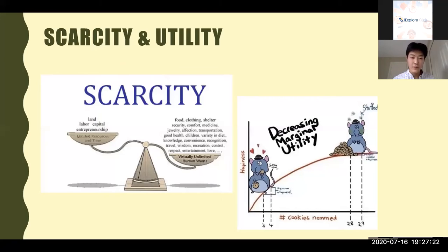So the first time you might have increased this amount of marginal utility, but then during the 10th time, you might only increase this much. And by the 28th or 29th, you can see he's very, very full. You basically increase little or no utility.